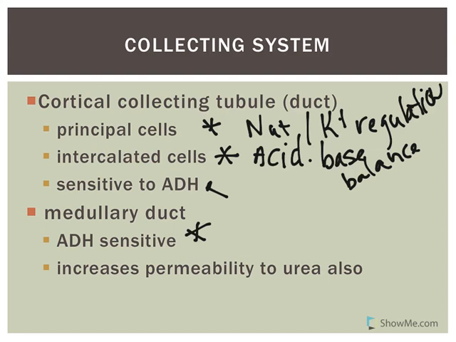Another thing that's important is that ADH, besides increasing the permeability to water, increases the permeability to urea. And you're like, why would we want that? Urea is a waste product we want to get rid of. Thing is, urea is also a major component of the interstitium, in which we have steadily increasing osmolarity as we go from the cortex down to the deep medulla.